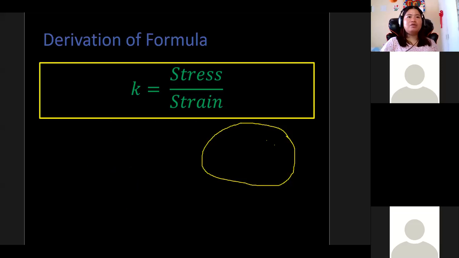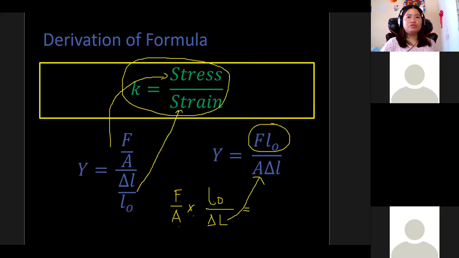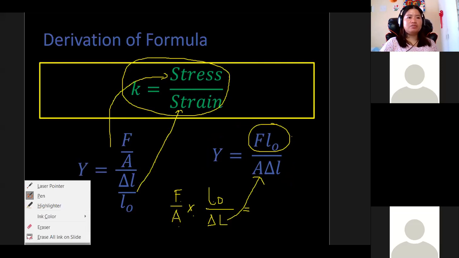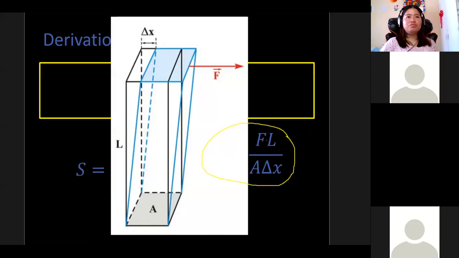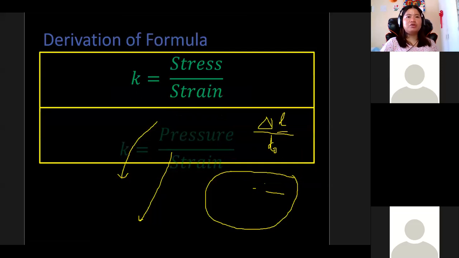And then for Young's modulus, the final formula is this one, FLOAL. This is force multiplied by the original length all over area multiplied by the change in L. So these are the formulas for the moduli.